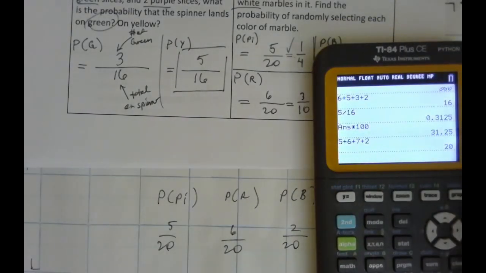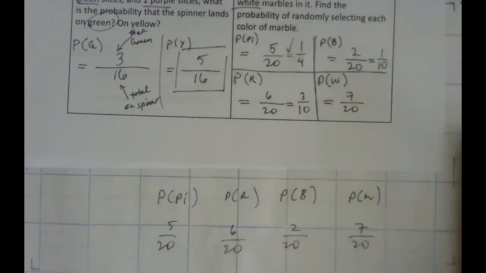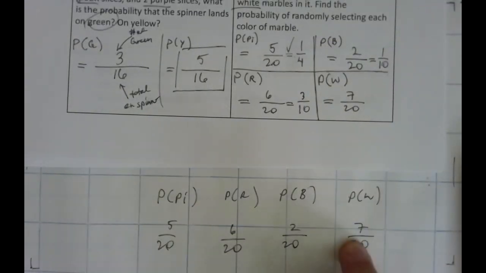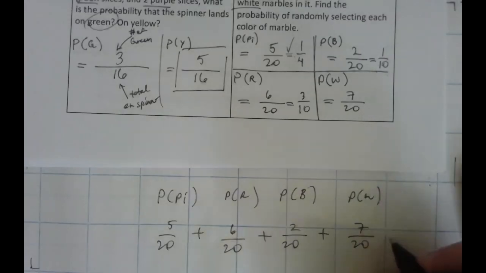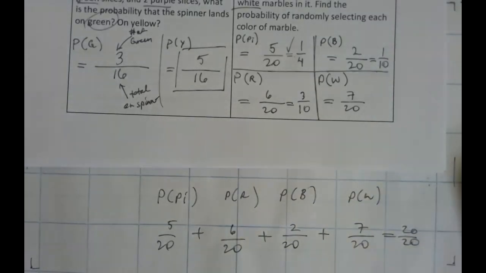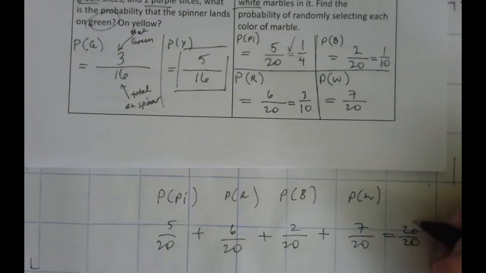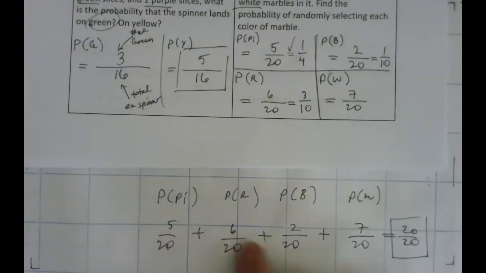Add to 20. The cool thing about this is because those are all the possibilities. So of course, if you added these up, and we'll talk about this more in a second, you would get 20 out of 20. Very cool. It's kind of like a verification that you really have looked through all the possibilities, because look, there's 20 out of 20 right there.